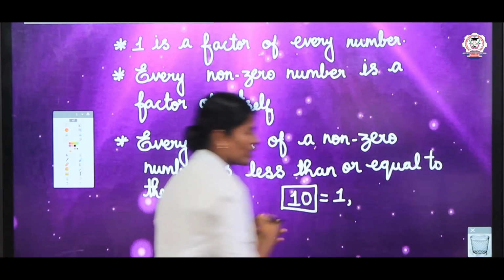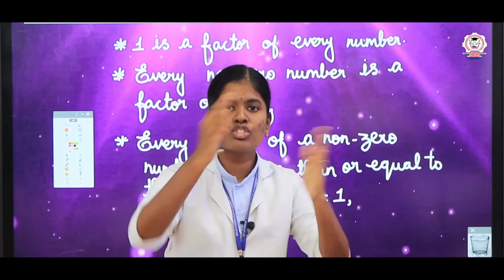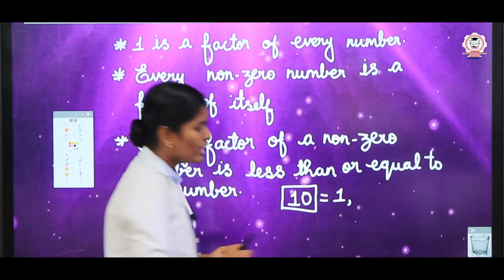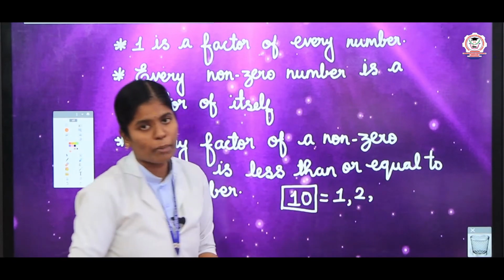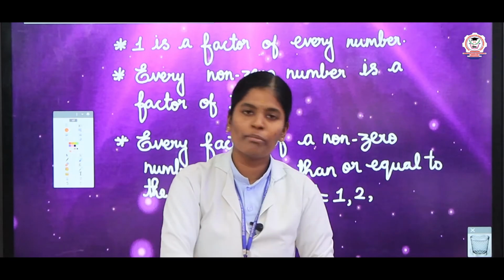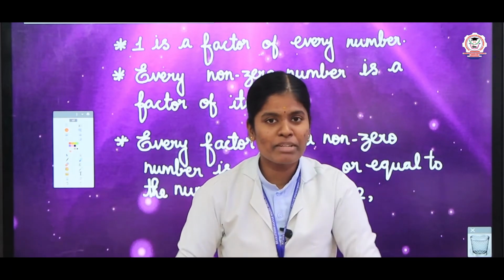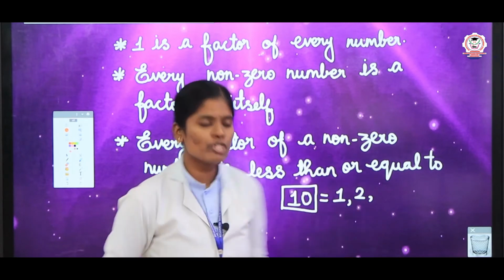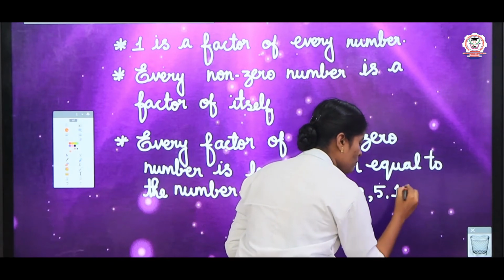Next you check the 2 table. 2 fives are 10, so here the factor is 2. Next we take the 3 table; 3 for 10 is not possible. Next the 4 table also is not possible. Next we take the 5 table. 5 twos are 10. So here you will write 5 and lastly 10.